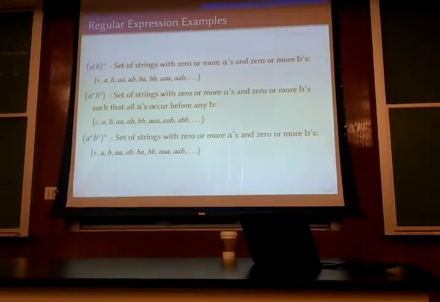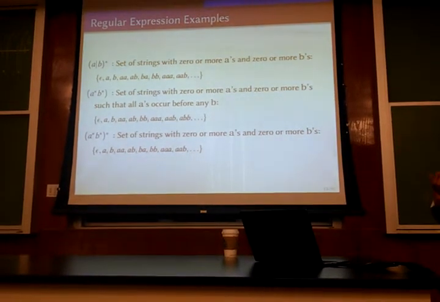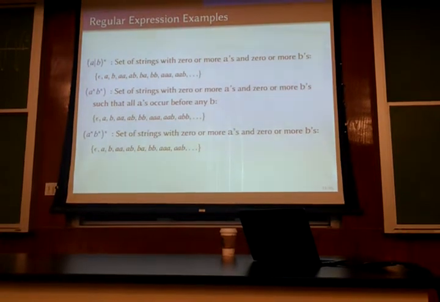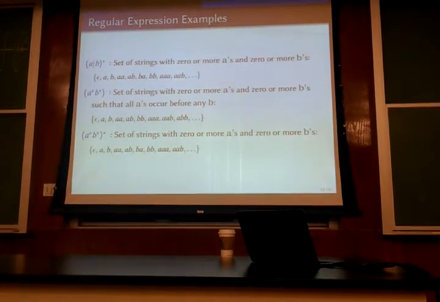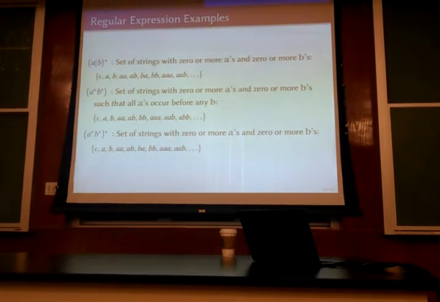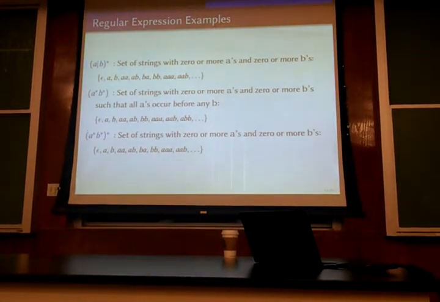So let's look at examples. So (A or B) star, well, because it's a star, it can always match the empty string. So one of the instances that's going to match (A or B) star is epsilon. Okay, and then you repeat what is inside the star once.